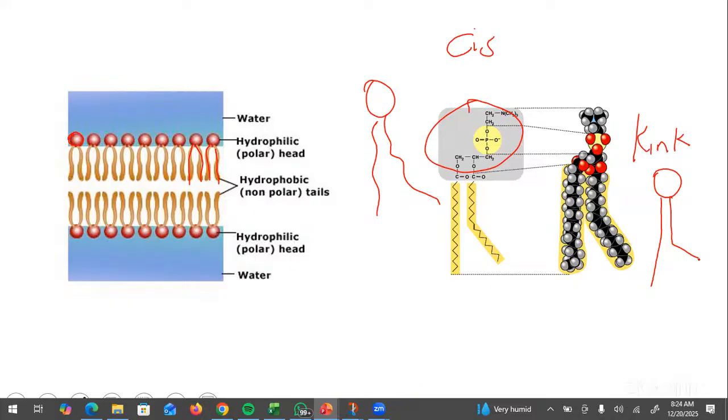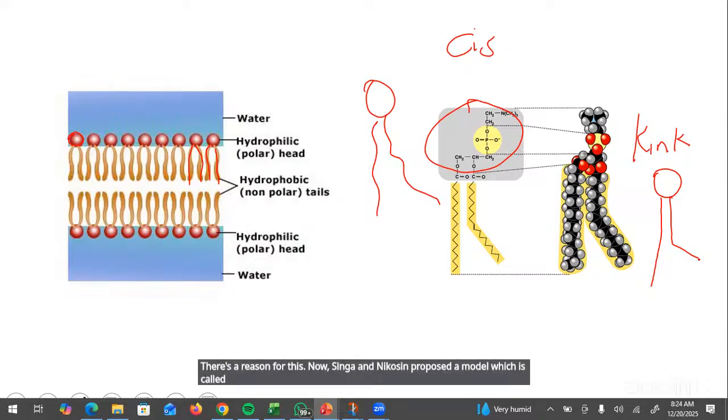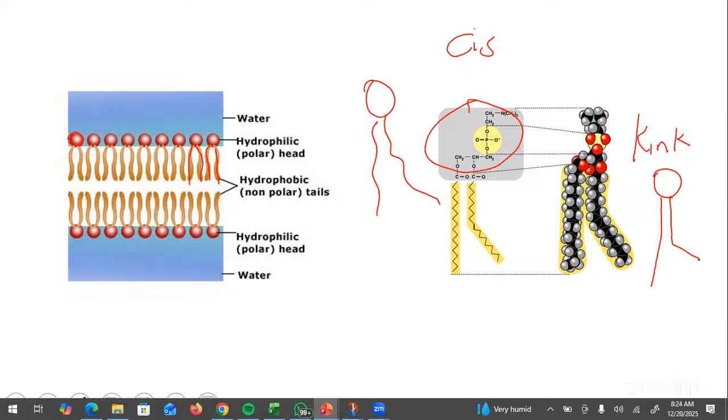Now, Singer and Nicholson proposed the model called the fluid mosaic model of the membrane. This kink will not allow the molecules to pack very well, so that the membrane will look like a fluid.